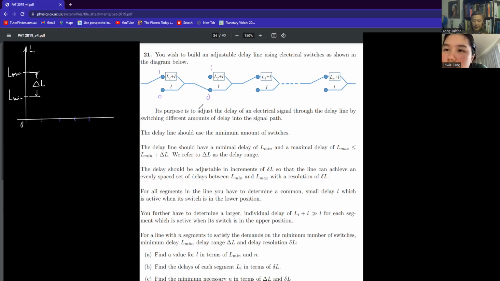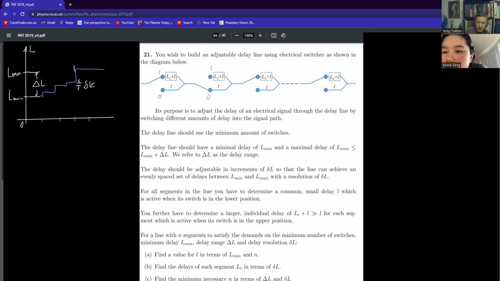By using different proportions of switches in different modes, you can achieve that change, but they also argue that the change must be smooth. So there are some constraints. That is my understanding. Basically, you have to satisfy this step, denoted by the small delta L.